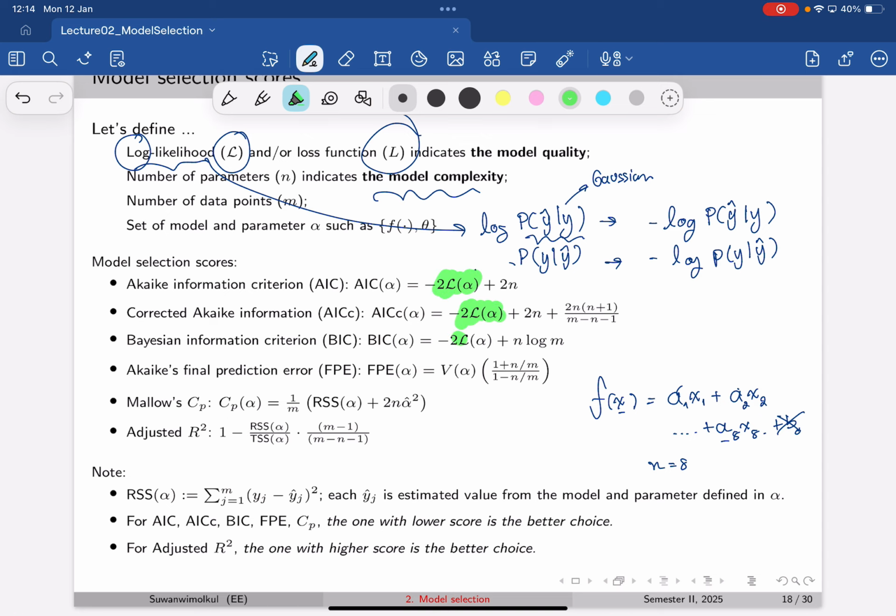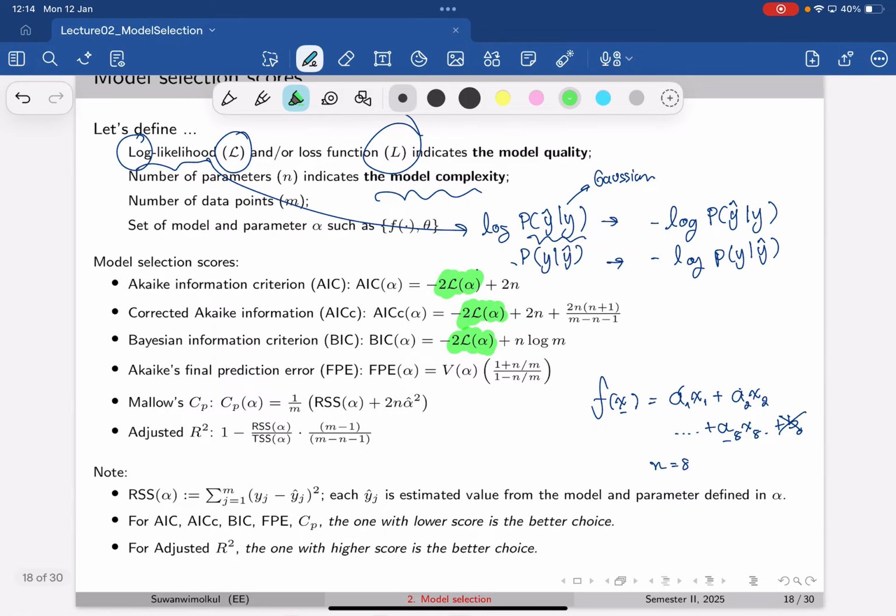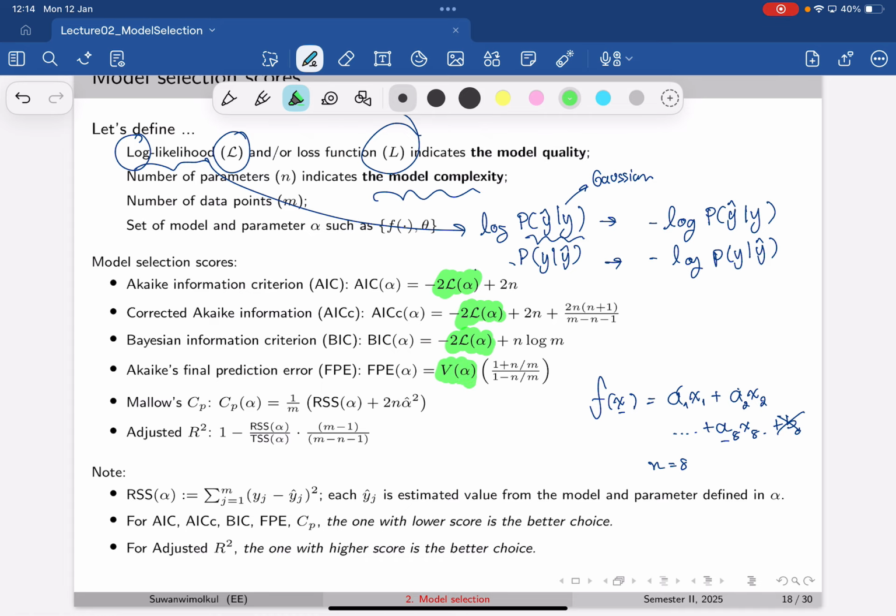If I remember correctly, this is another loss that I didn't provide here. Anyway, this is R squared. These are the loss, and the complexity is the term that comes afterward.